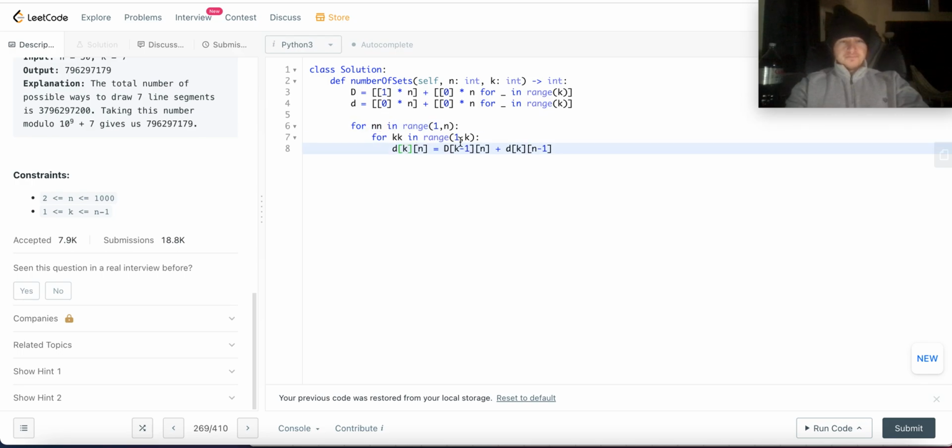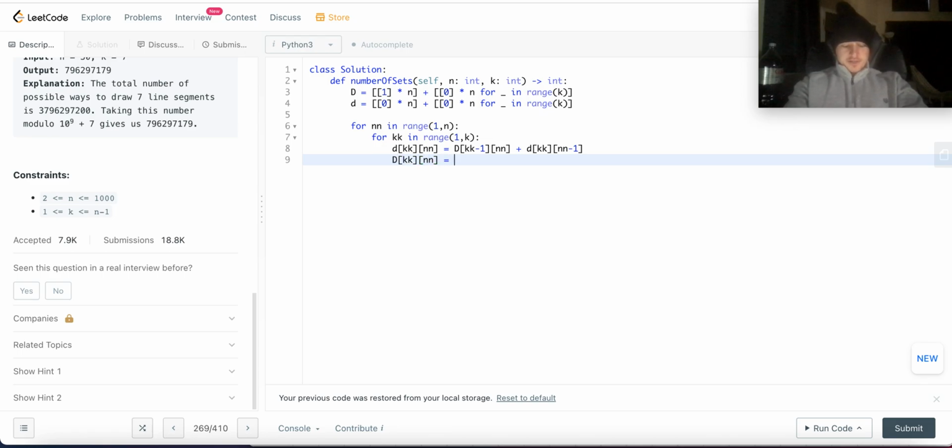Let's okay, so this is d of kn, and then big D of kn is updated by just taking the previous operation's value and adding in the current one.